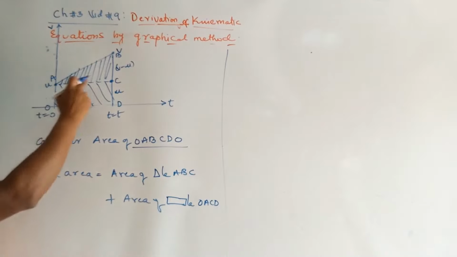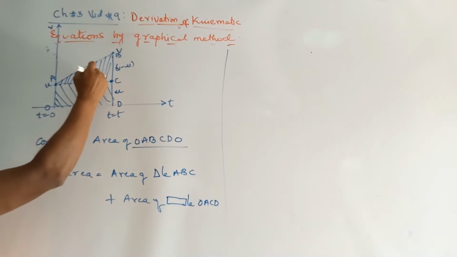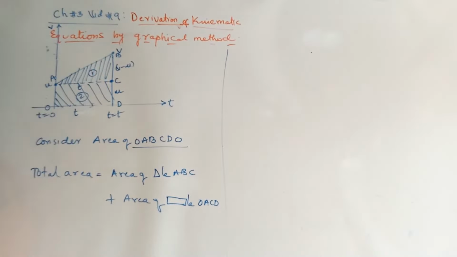The first region is a right angle triangle, ABC. Why is it a right angle triangle? Because here the angle is 90 degrees.